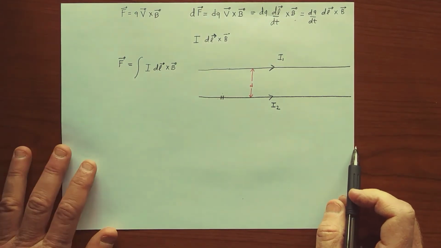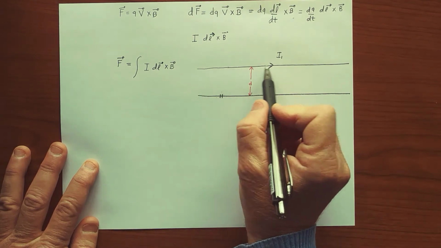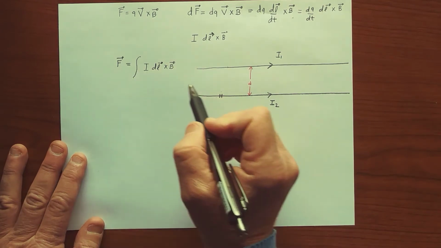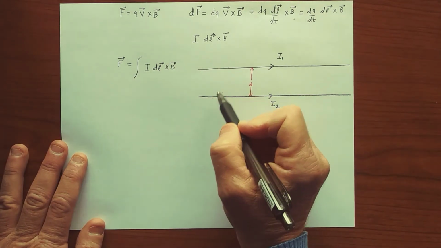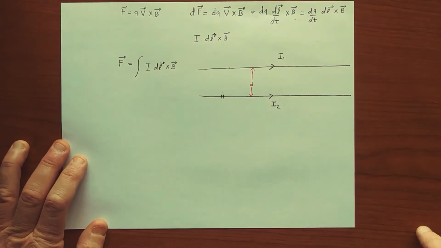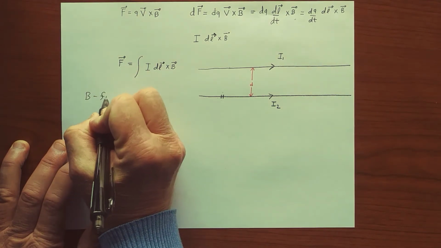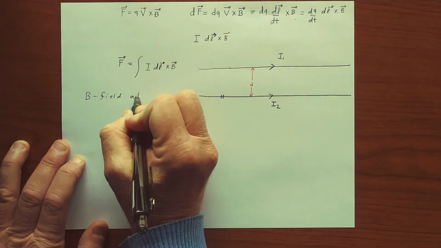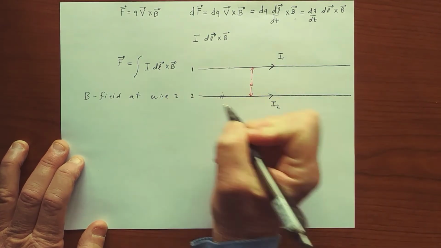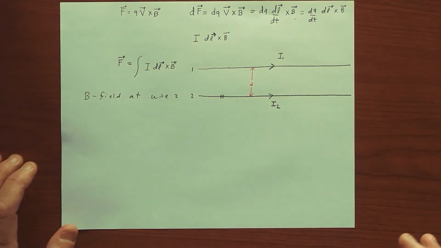That magnetic field is produced by this current, so this wire feels a magnetic force due to the magnetic field produced by the current I1 above. So let's evaluate the B field at wire 2. Let's call this wire 1 and this wire 2, and we need the magnetic field at wire 2.